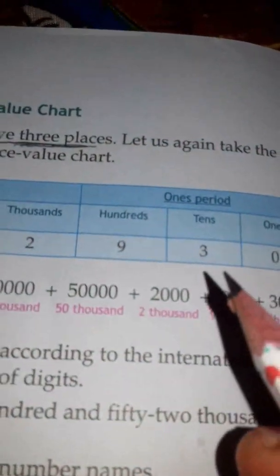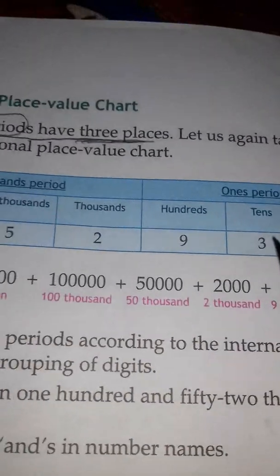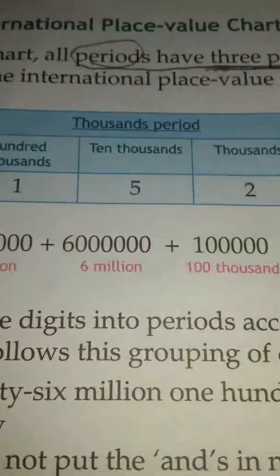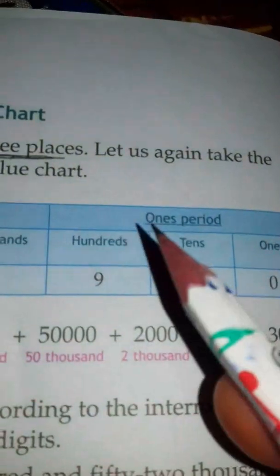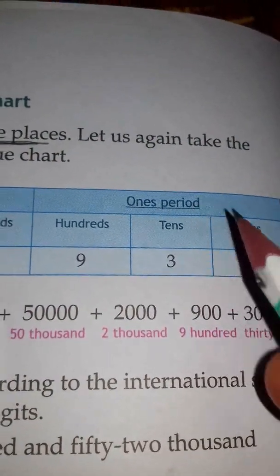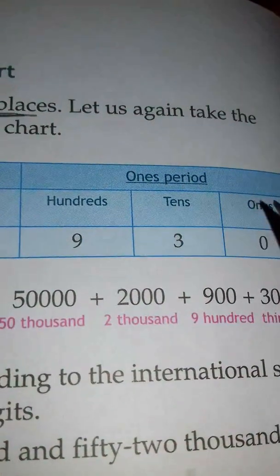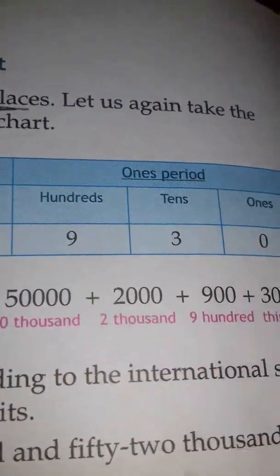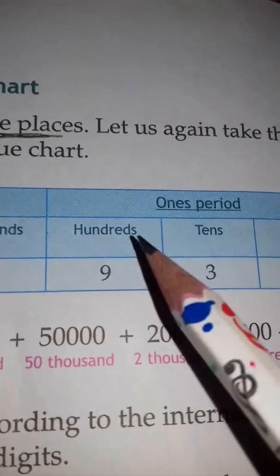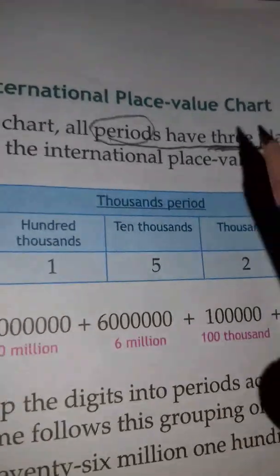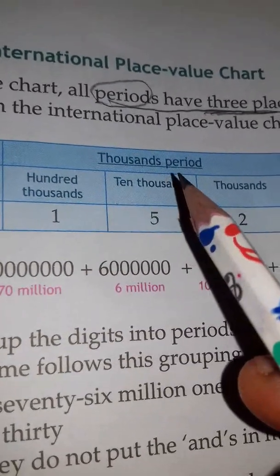Now see students, this is the international place value chart given in your textbook. Here you can see this is ones period. This is divided into 3 places: ones place, tens place, hundreds place. Then the next period is thousands period.